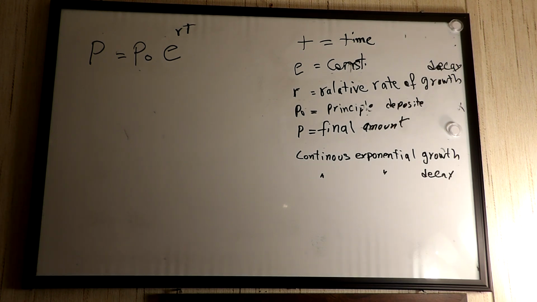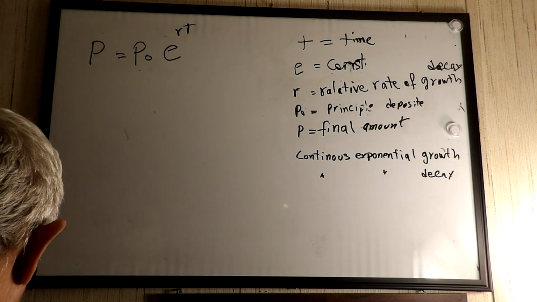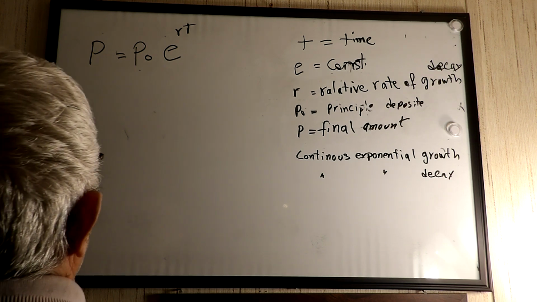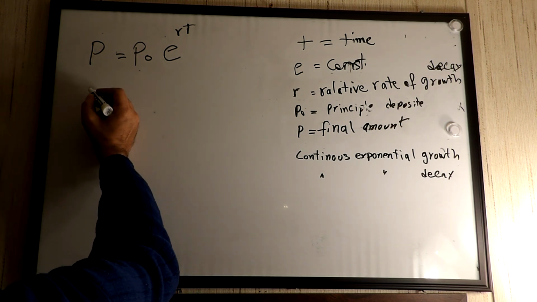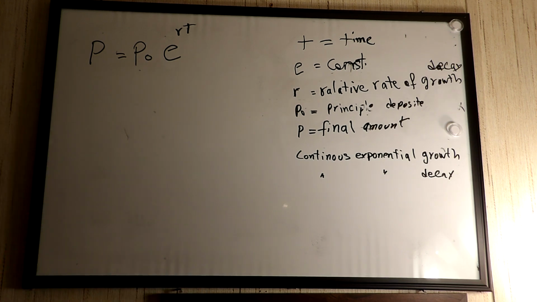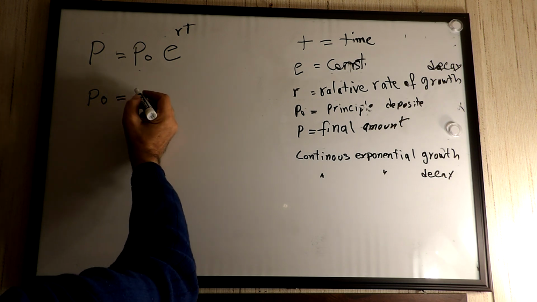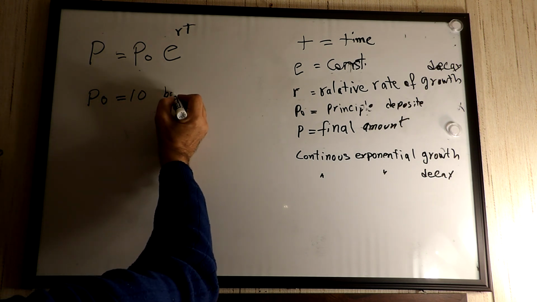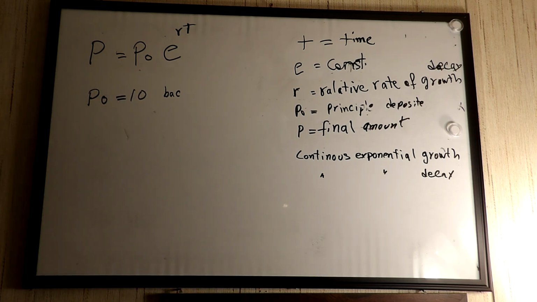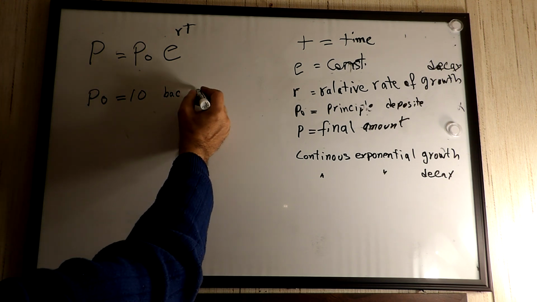Okay, let me give you an example. If you have some bacteria, this bacteria grows at a continuous exponential rate. For example, at the beginning we have 10 bacteria, and then after some time, at the beginning t is equal to 0.